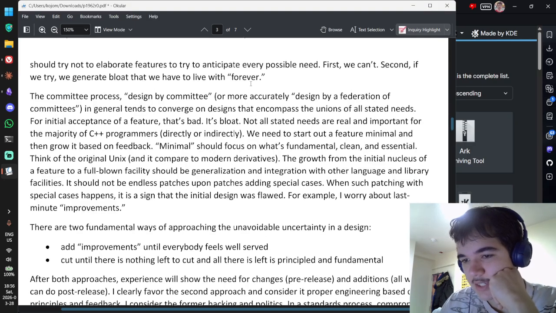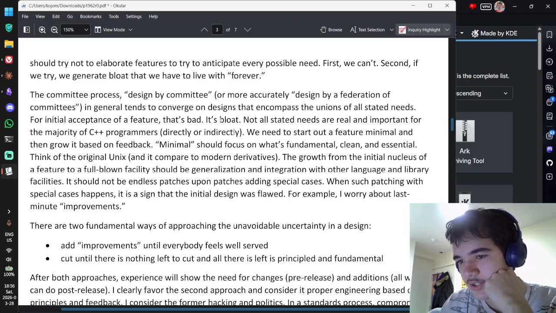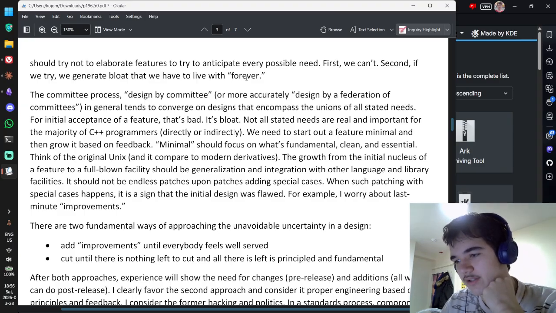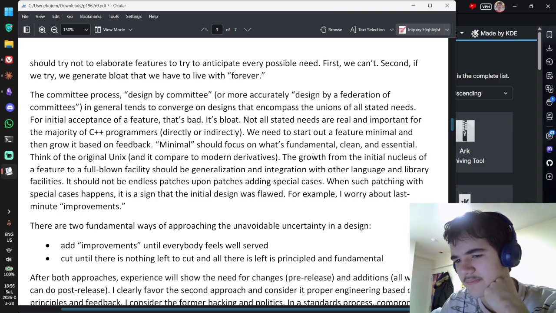The committee process, designed by committee, or more accurately, designed by a federation of committees, in general tends to converge on designs that encompass the union of all stated needs. For initial acceptance of a feature, that's bad. It's bloat. Not all stated needs are real and important for the majority of C++ programmers. We need to start out a feature minimal and then grow it based on feedback. Minimal should focus on what's fundamental, clean, and essential. Think of the original Unix and how it compares to modern derivatives.